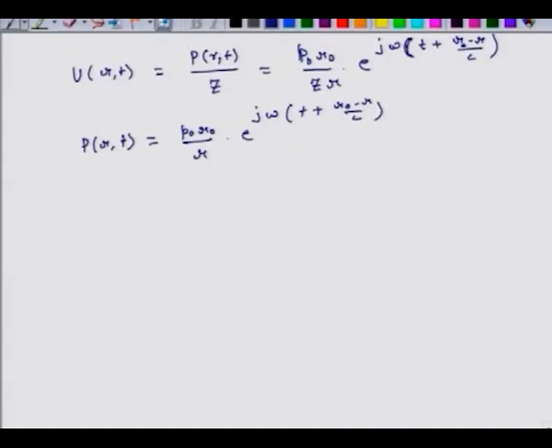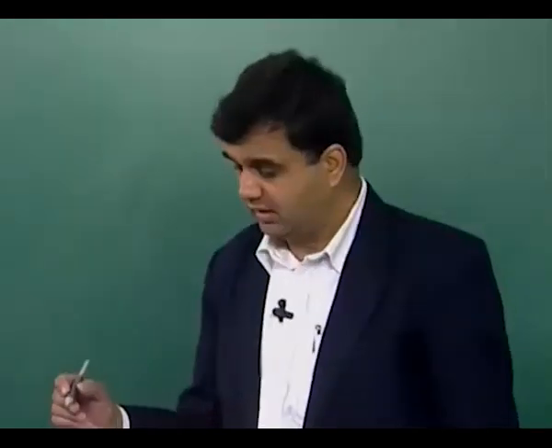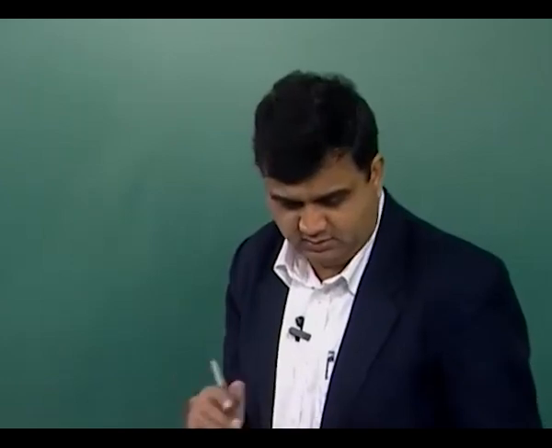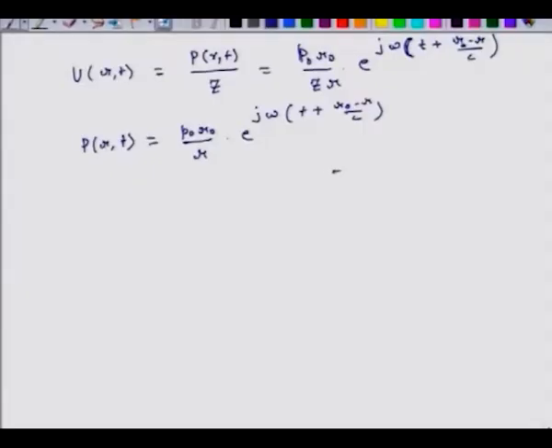Now, I can re-express this. I know from my previous example the value of complex impedance for radially propagating waves: Z equals one over j omega rho naught r plus 1 over rho naught c, the whole thing inverse. So, I put this expression in the expression for u.